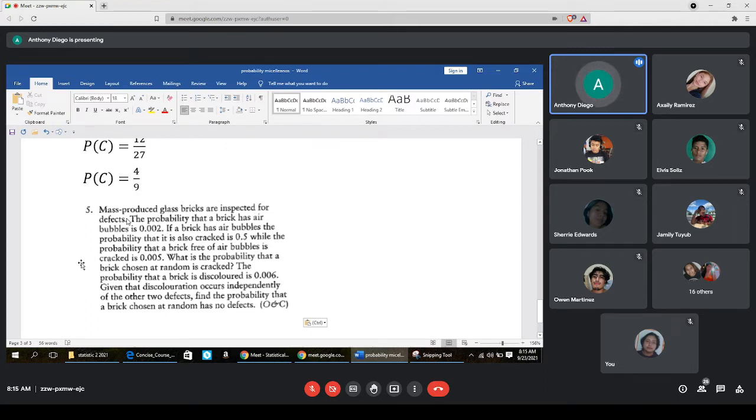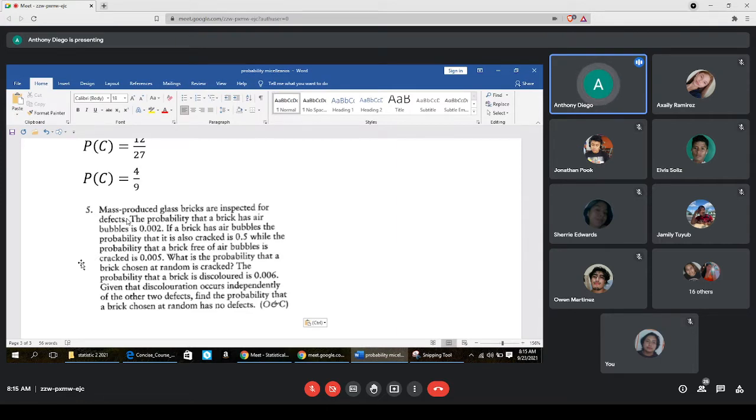Number 5 is saying mass-produced glass bricks are inspected for defects. The probability that a brick has air bubble is 0.002.